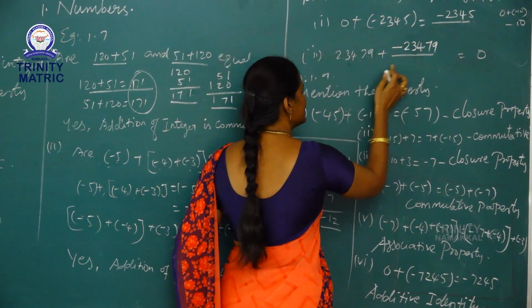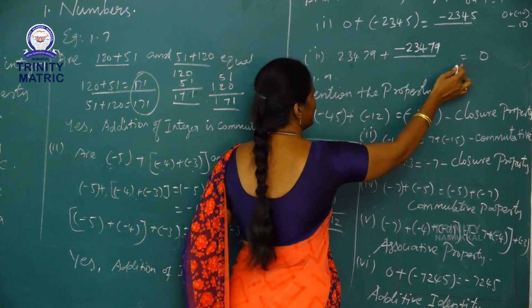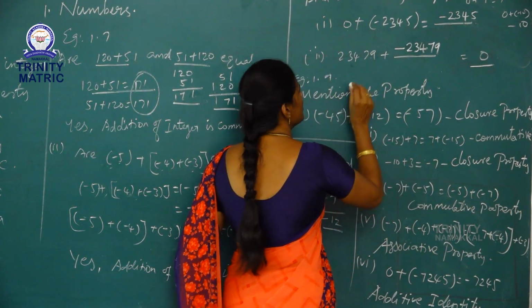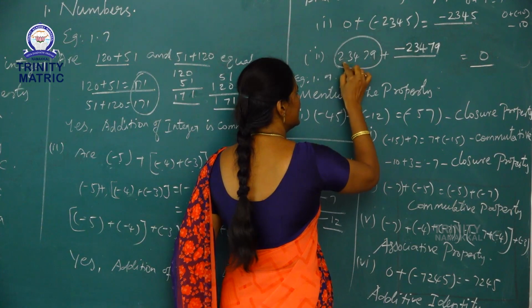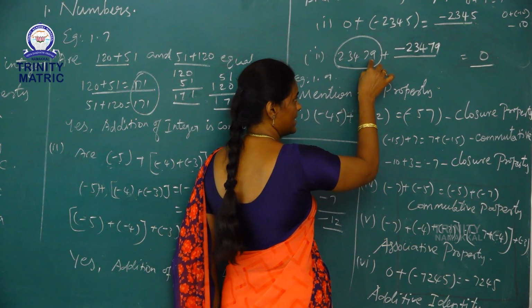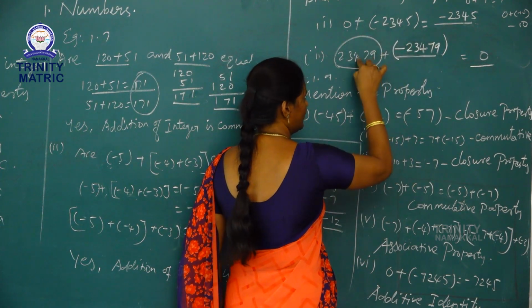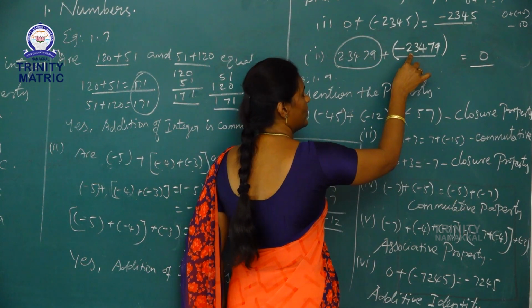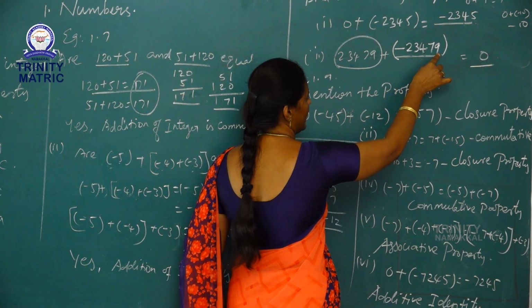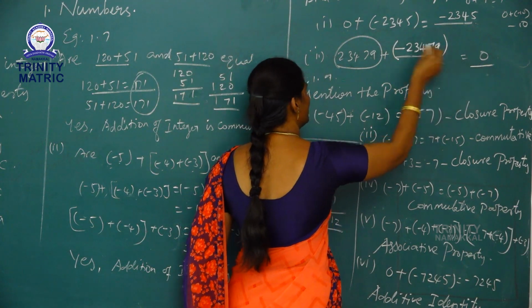Now we add these two integers, we get the answer 0. So we add 23,479 plus the negative of this number, that is minus 23,479. We get the answer 0.